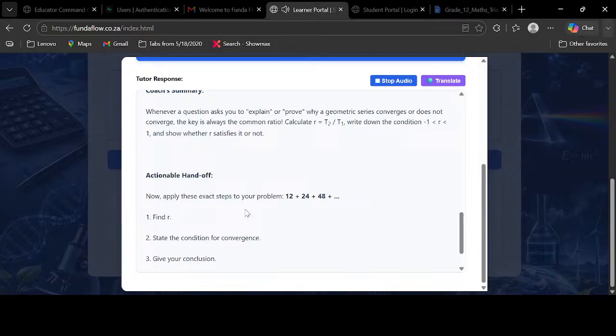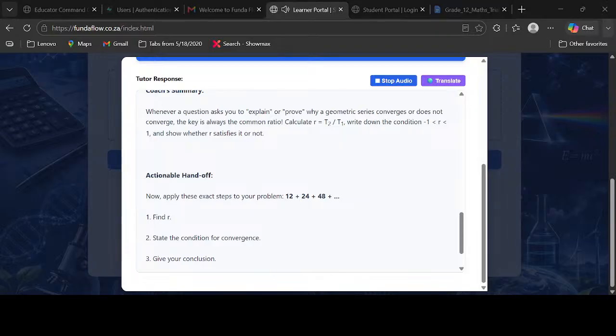Calculate r equals T2 over T1, write down the condition -1 < r < 1, and show whether r satisfies it or not. Actionable handoff: now, apply these exact steps to your problem, 12 plus 24 plus 48 plus so on. 1. Find r. 2. State the condition for convergence. 3. Give your conclusion. What value do you get for r in your problem?